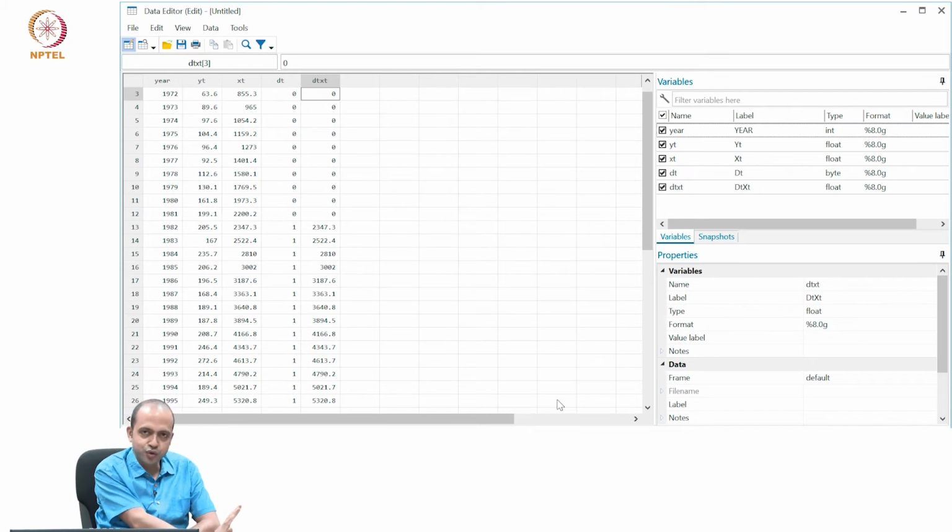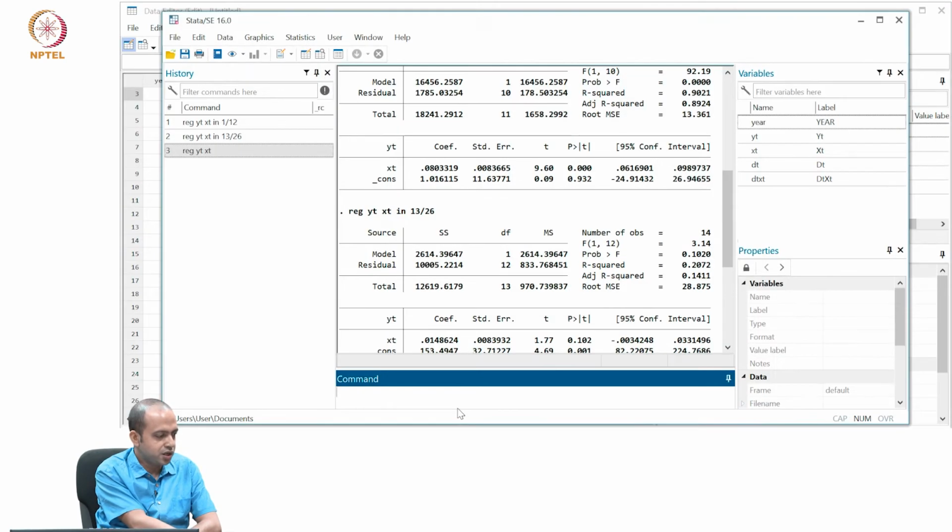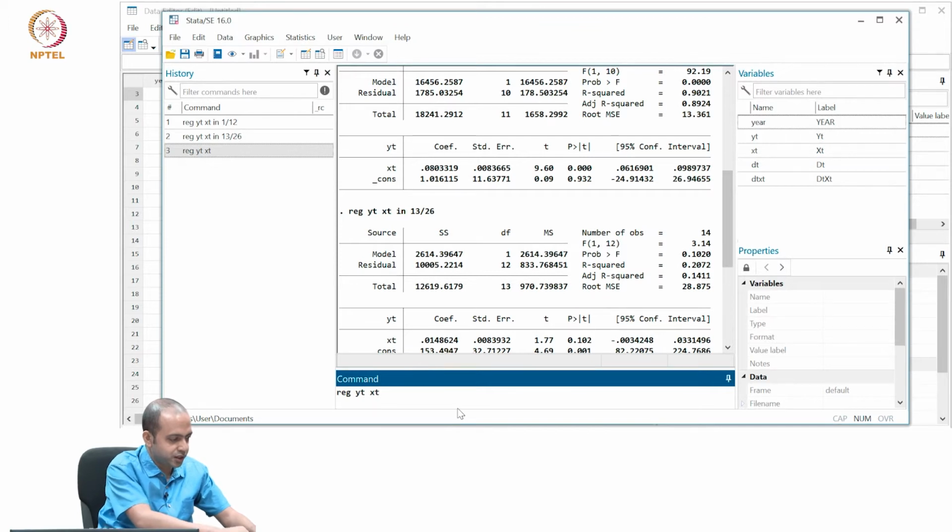So, this is how you have to create the variable, and now you go to your Stata, and then you have to run this regression: reg YT and then XT, DT and DT/XT. XT is for income, DT is the dummy variable, DT/XT is your interaction term.